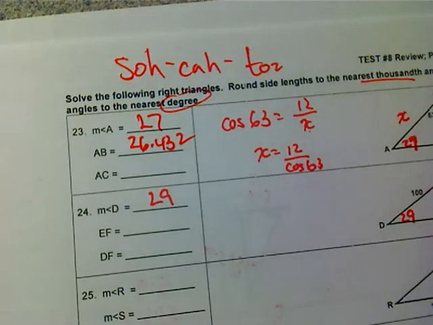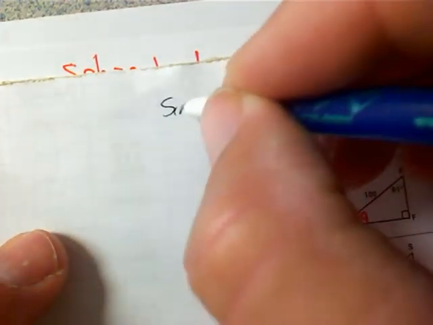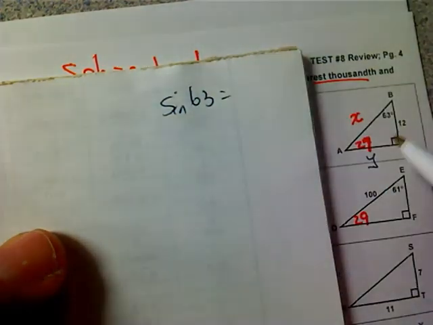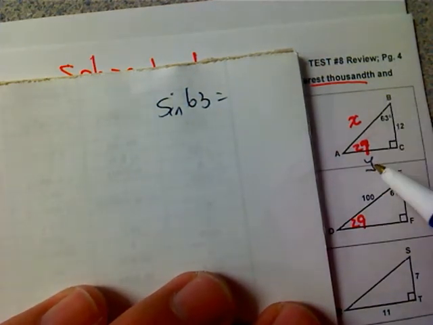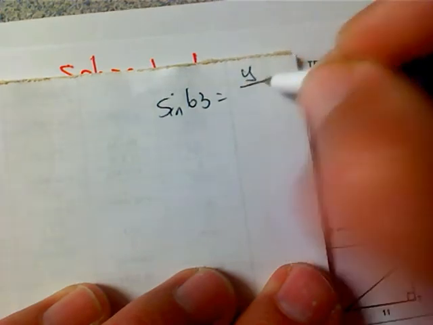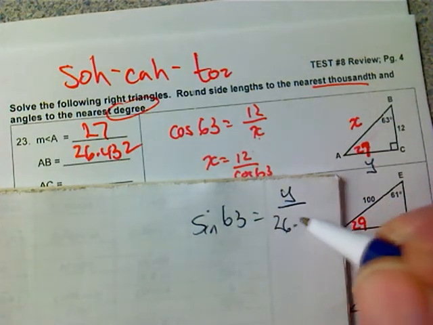Now at this point, I could either use another trig function to find this other side, or I could use the Pythagorean theorem. I kind of like trig, so that's what I'm going to do. To find this side down here, let's call it y. The sine of 63 equals, well, you could do a bunch of ways. I'm going to do the sine of 63 is y, opposite over hypotenuse that we just found, 26.432.